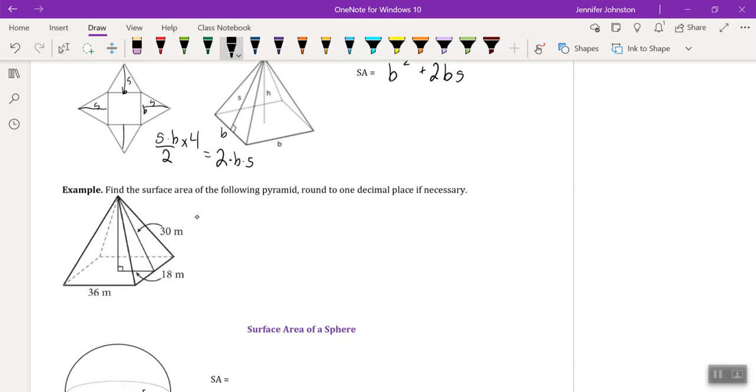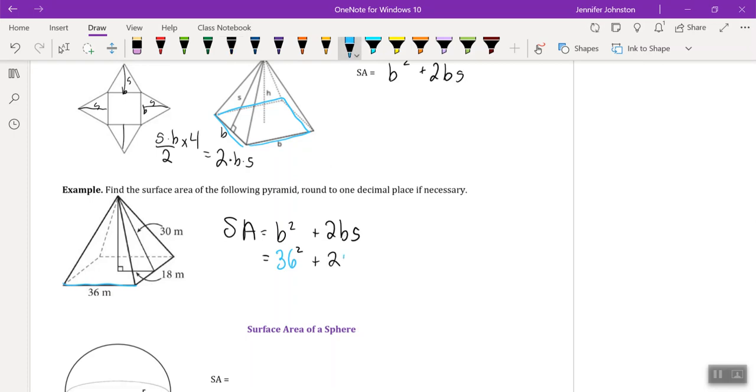All right, let's go figure out the surface area here. So surface area, again, our step 1 is to write down the formula. b is the outer edge of the square. That's b, so that would be 36. So we get 36 squared here, plus the 2 stays the same.